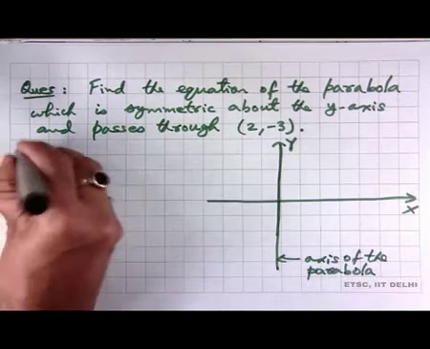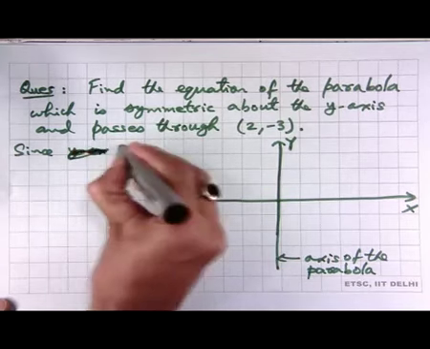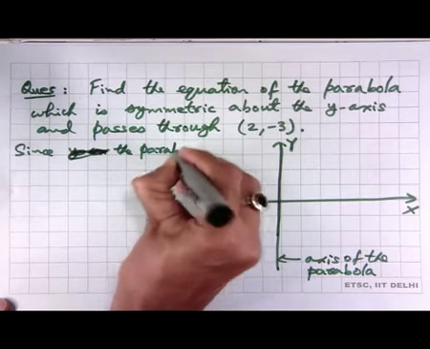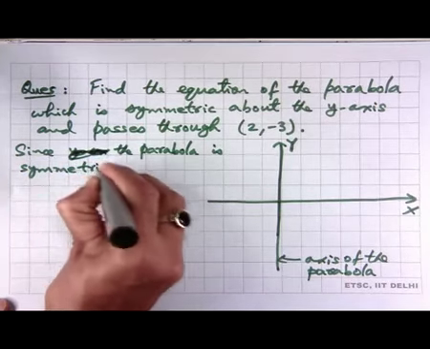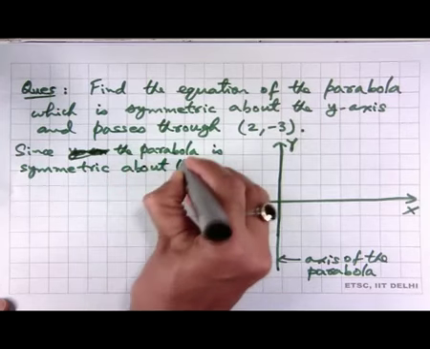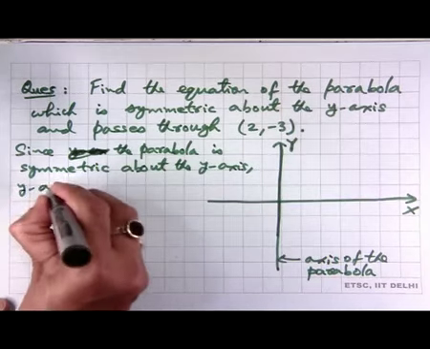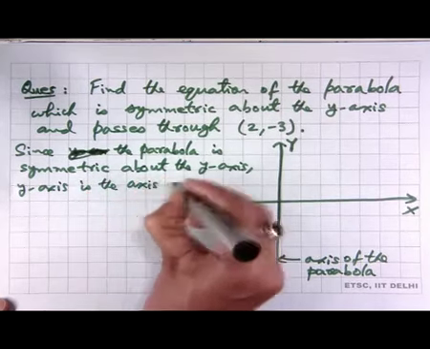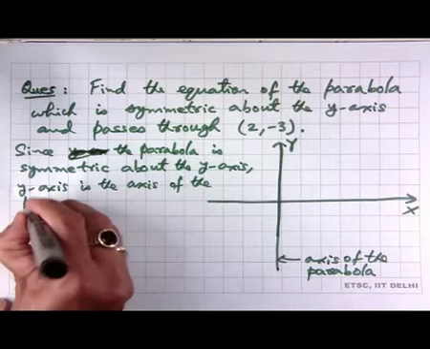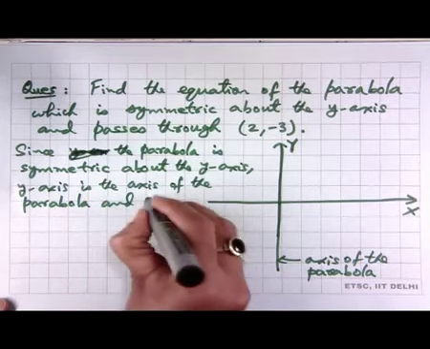So, since the parabola is symmetric about the y axis, the y axis is the axis of the parabola, and the vertex is at origin.